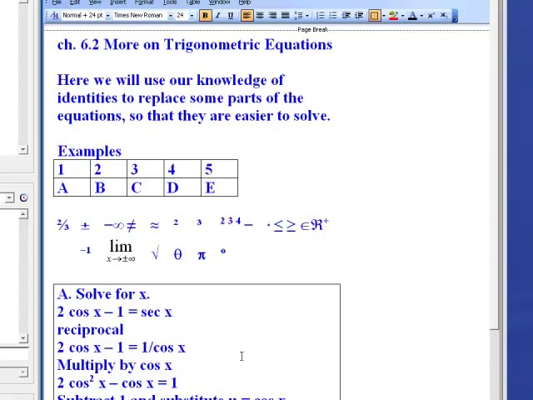And then we resubstitute cosine x back into it. So we're going to have 2 cosine x plus 1 times cosine x minus 1 equals 0.